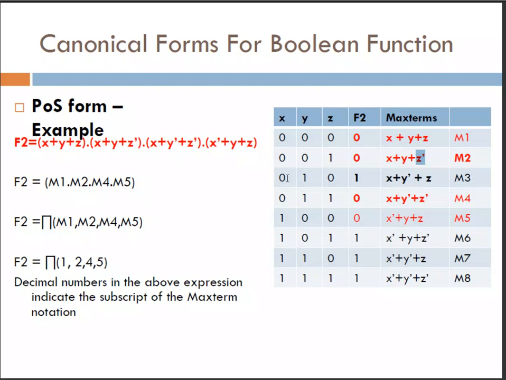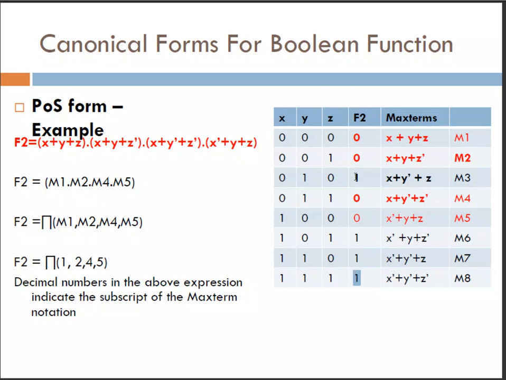Here we have 0, 1, 0, which gives us 1. It means that we have x plus y bar plus z. Wherever we have 1, the variable takes a bar, a negation. Wherever you have a 0, it is the variable itself. And we keep focusing on where we have the 0s in our function.